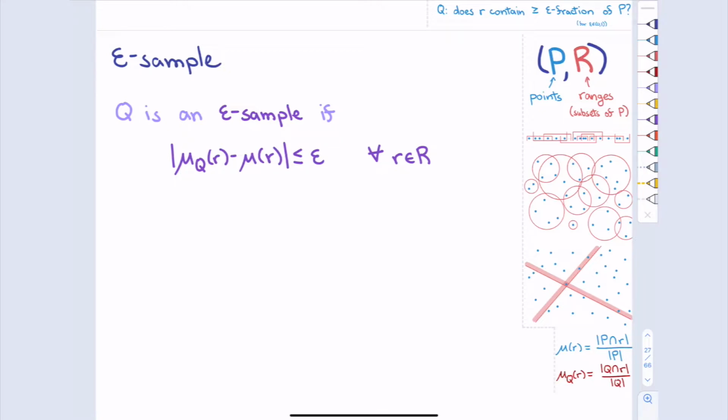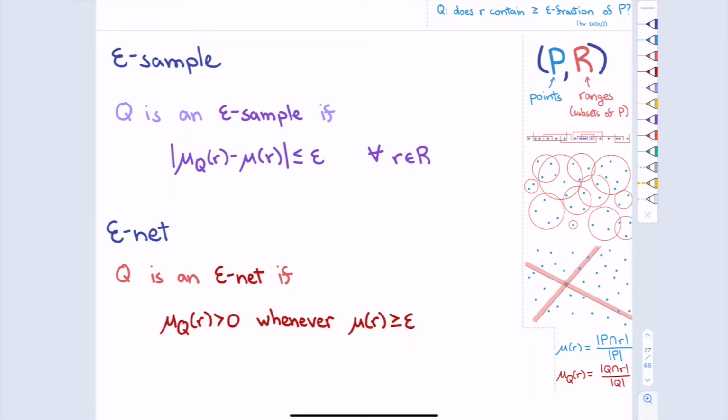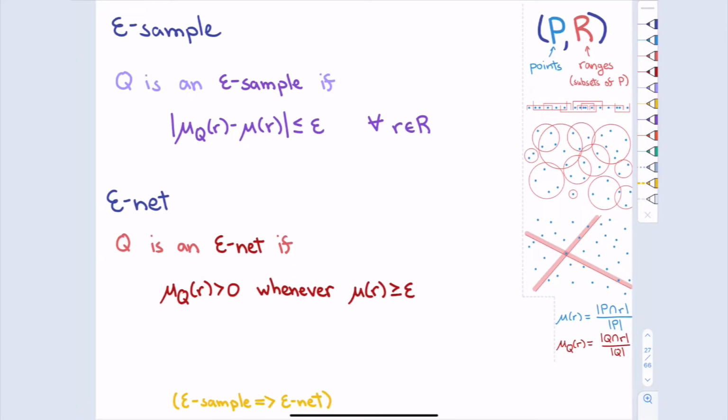But for some applications, maybe things that look a little bit like heavy hitters, we're mostly interested in identifying which of the ranges are very heavy. In that case, there are applications where an epsilon net, which is a weaker requirement, is more appropriate.